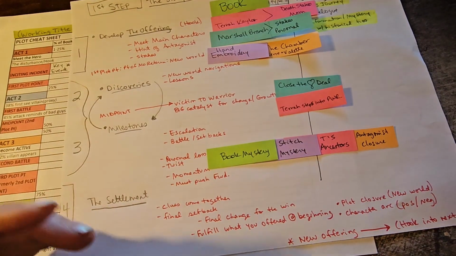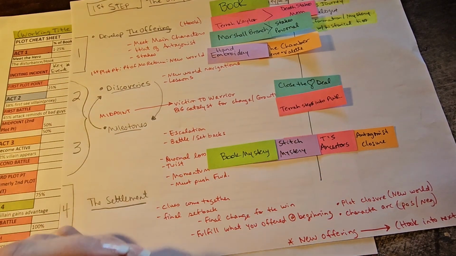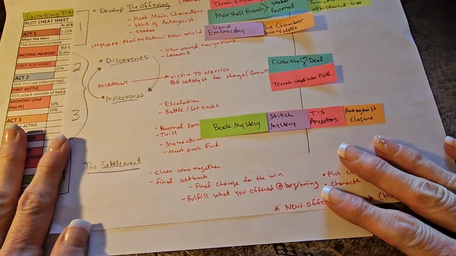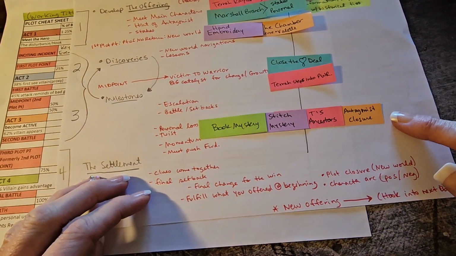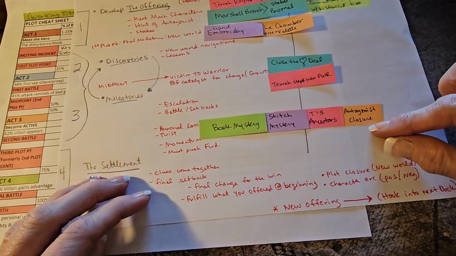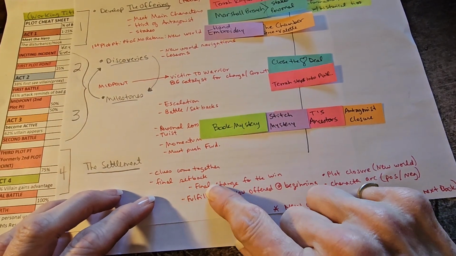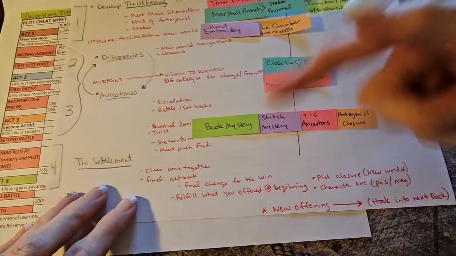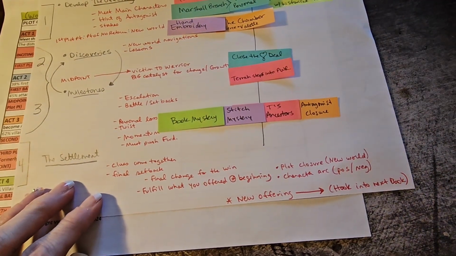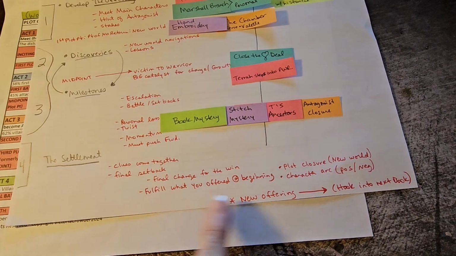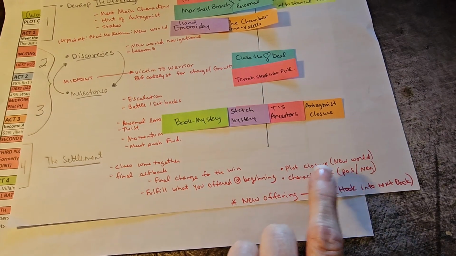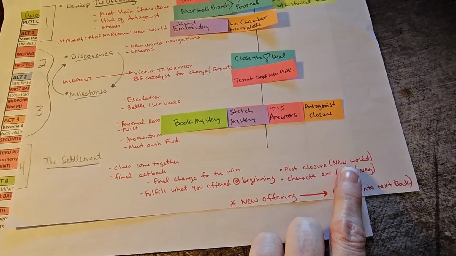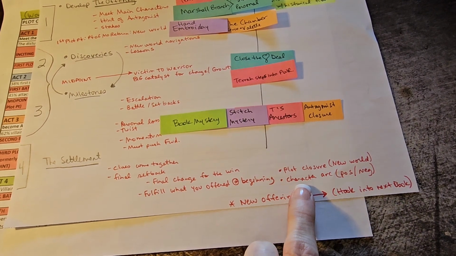So as you step out of Act 3 into Act 4, which is the end of the book, these things are coming together. These clues are starting to add up. They're experiencing their final setback, and they're experiencing having to make that final change to win, that final change to beat the antagonist. So then I've got plot closure, which brings them into the new world and shows them in the new world. And I've got character arc.